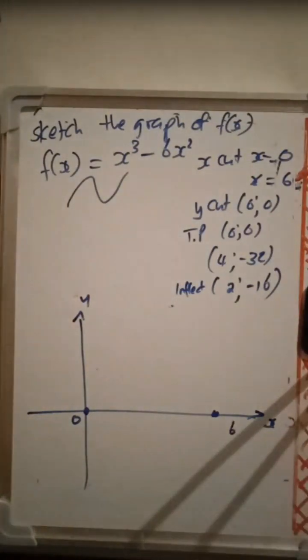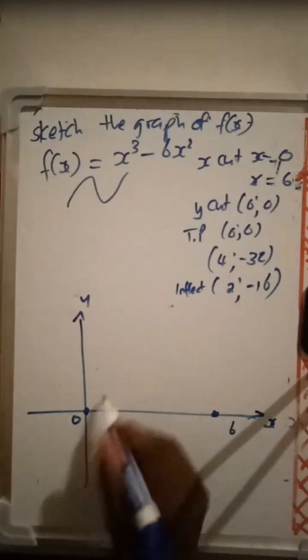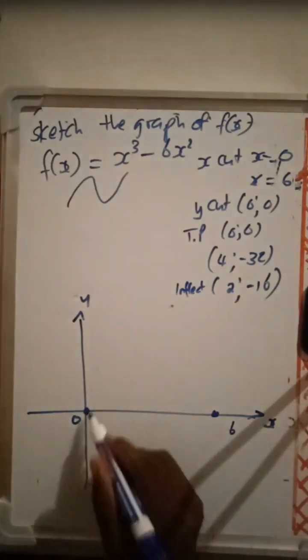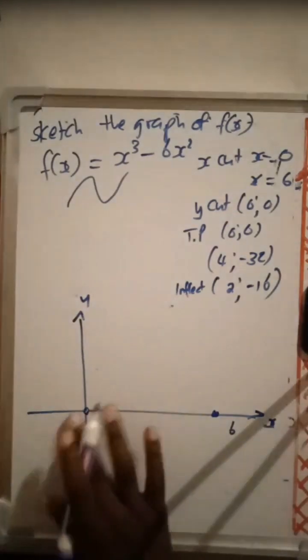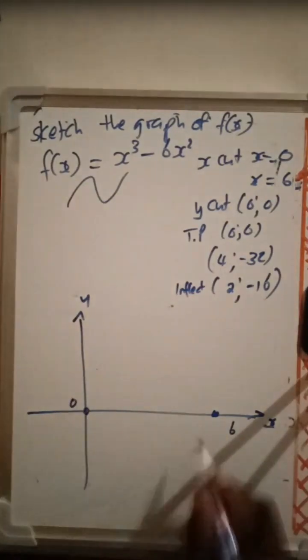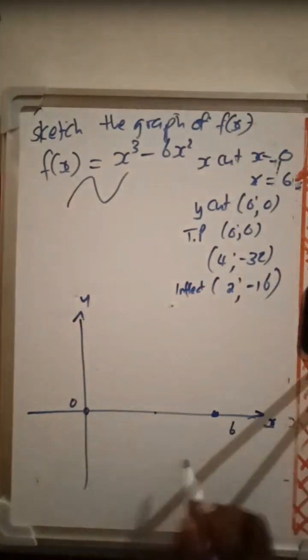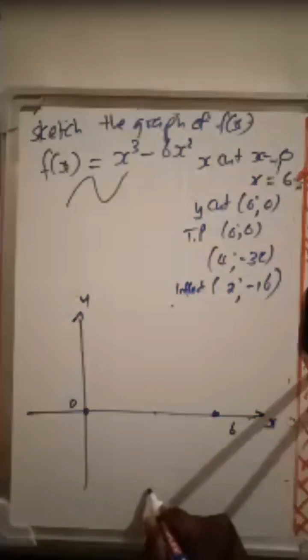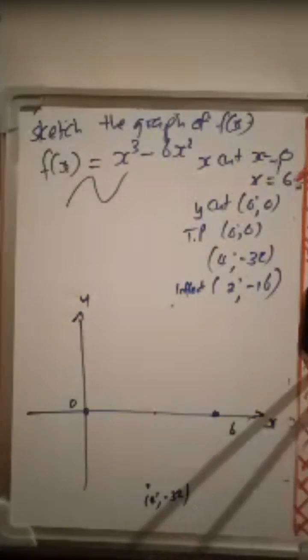Then y cut is 0, 0. Turning point 0, 0. Then maybe 4 is around there for the other turning point. Then negative 32 is going to be down there. We assume that that is where we get negative 32. Then we're going to find the point of inflection down there.